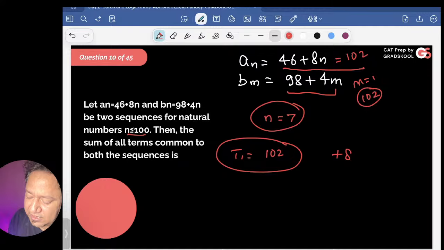So at max, if I put 100 at n, I get 846. I put 100 at n, I get 498, which is less. So I need to find the common term which is less than 498. So just do last term, first term, and good.